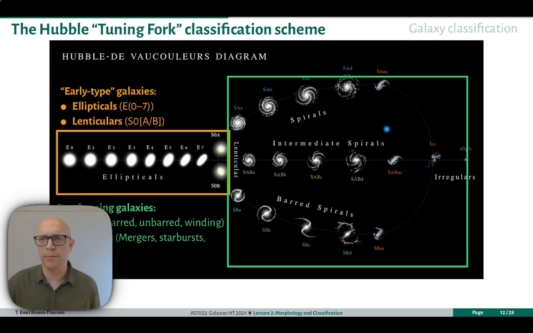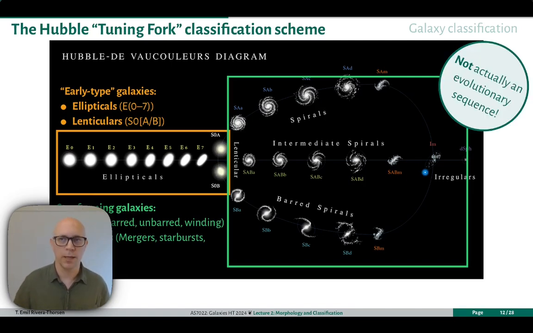Then we also have these ones here, which basically means they are irregular, but with some semblance of spiral shape still. And out here, we then have the completely irregular galaxies. And again, we caution that this is not actually an evolutionary sequence, at least not in a way that is useful.